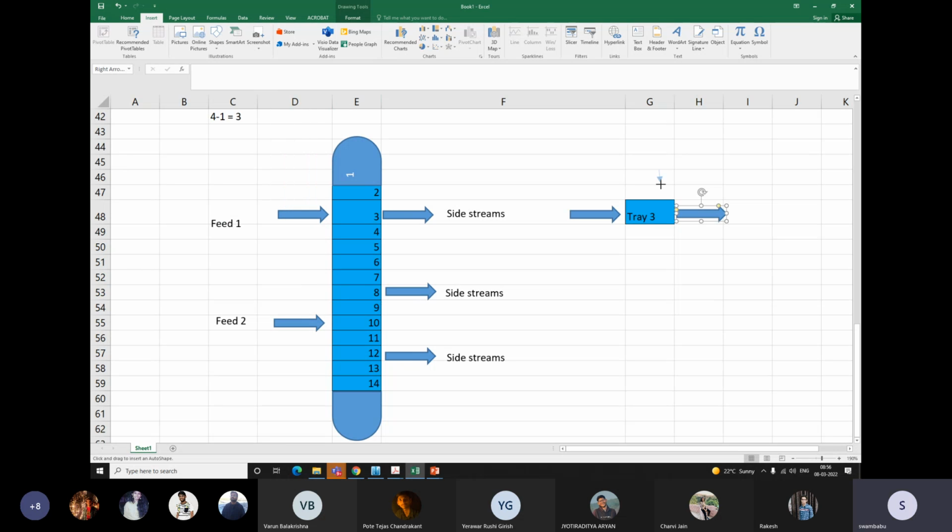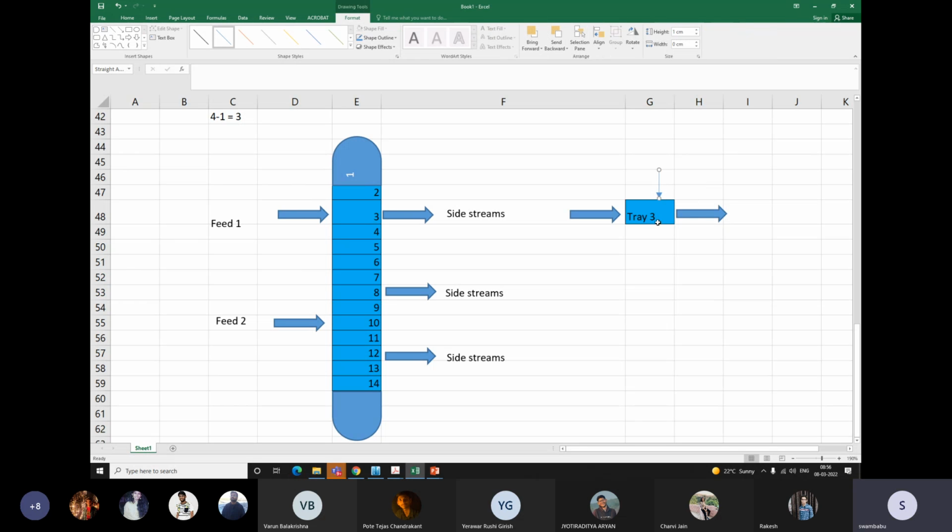Liquid from the downcomer will come and liquid will leave from tray 3. Similarly, vapor comes from the bottom, from the reboiler, to tray 3, and the vapor will leave tray 3.